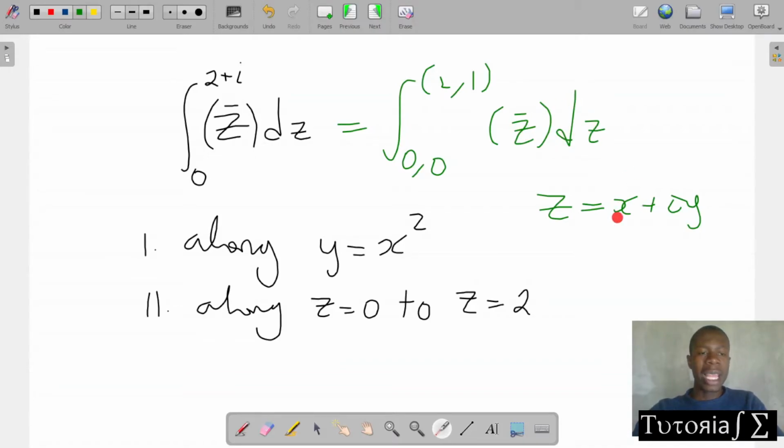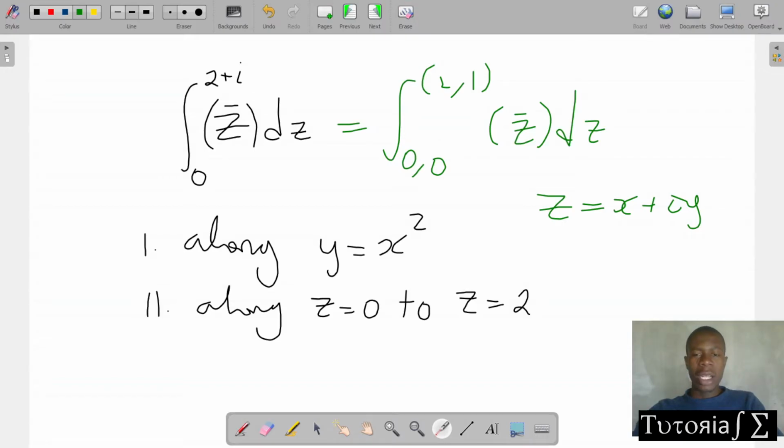We can choose to have only an x variable, meaning that the coordinates we use as our limits of integration will be these in x. If we choose to have y variable, we will have y everywhere here, meaning that this will no longer be dz, it will have to be dy, and the limits will be these in y, and we are done. Then from there, it's just integration.